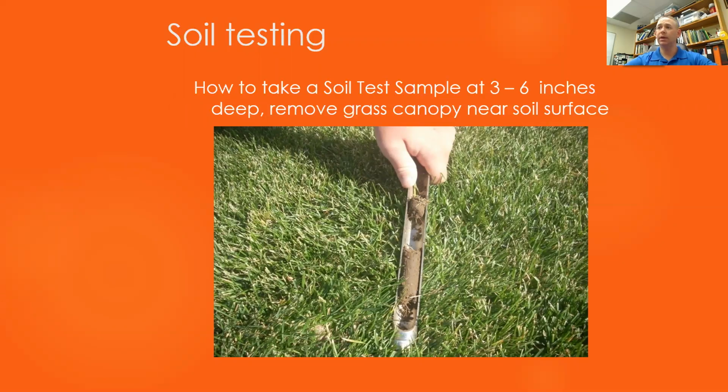If you get a shovel, take kind of a slice of the soil, and then take the top off where the canopy is, remove the grass, and then remove each side, and then kind of take a piece out of the middle.